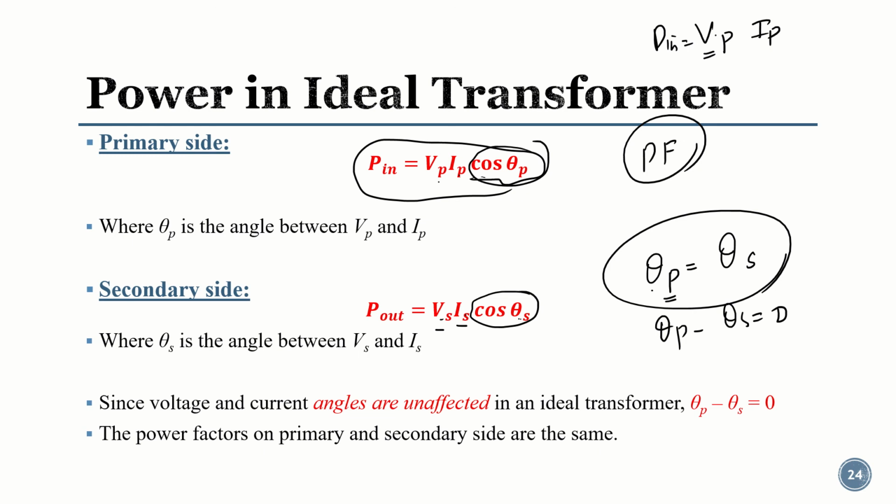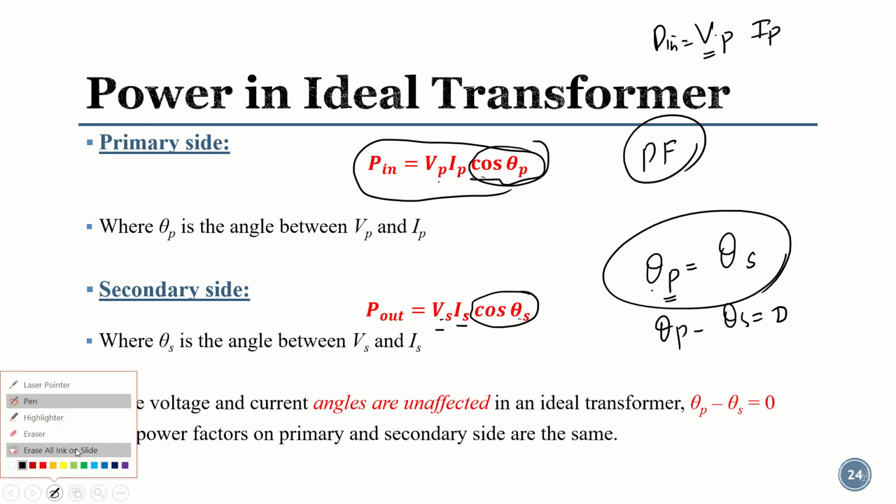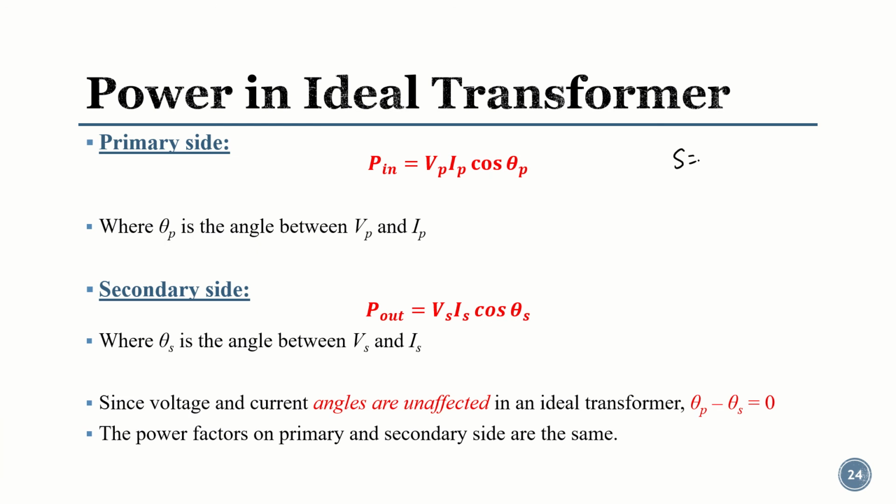If you remember, when we talk about complex power, we have real power and reactive power. This is basically our real power at primary and secondary end.